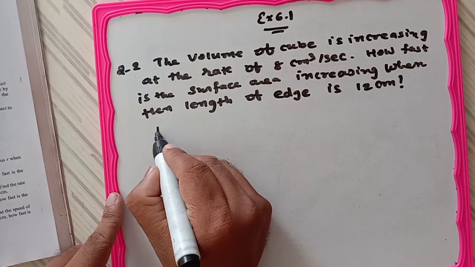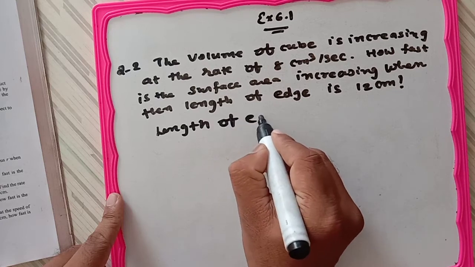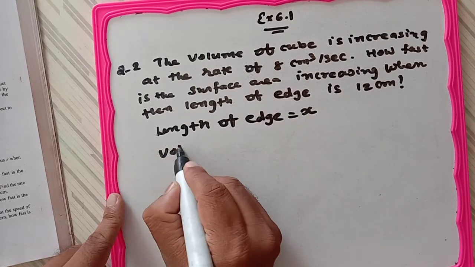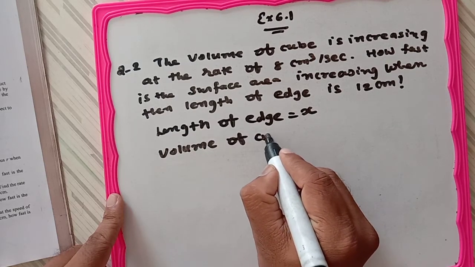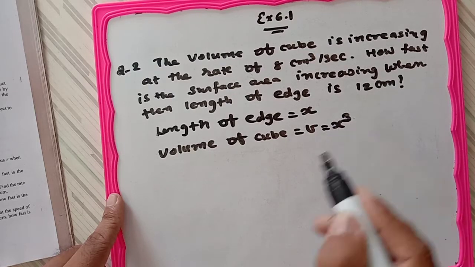So if the length of edge we take as x, then the volume of the cube will be V equals x cube.